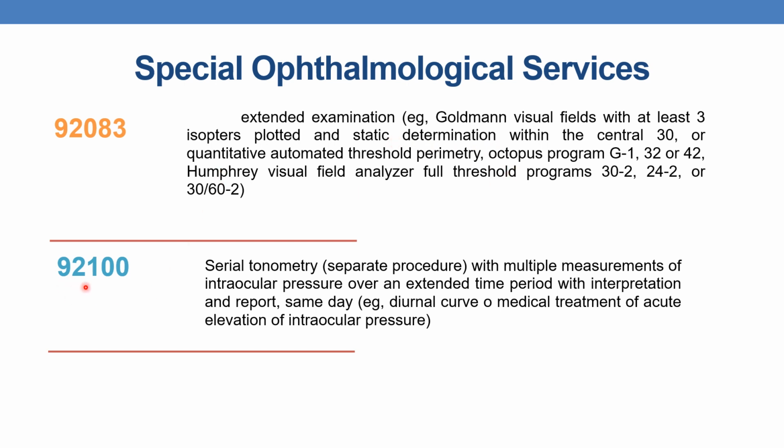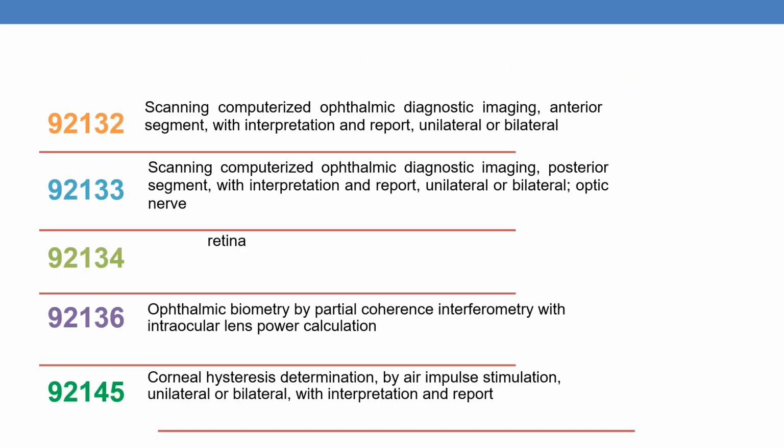The next is 92100, serial tonometry with multiple measurements of intraocular pressure over an extended time period with interpretation and report, same day. The CPT is 92100. The next CPT is 92132, scanning computerized ophthalmic diagnostic imaging, anterior segment, with interpretation and report. It can be unilateral or bilateral, bilateral with modifier 50.